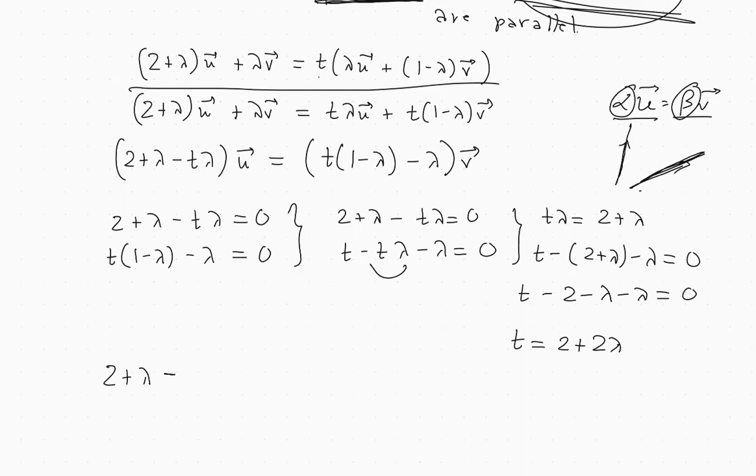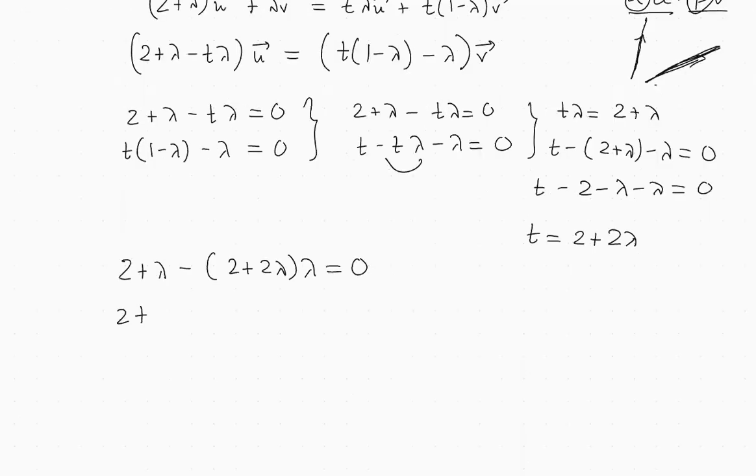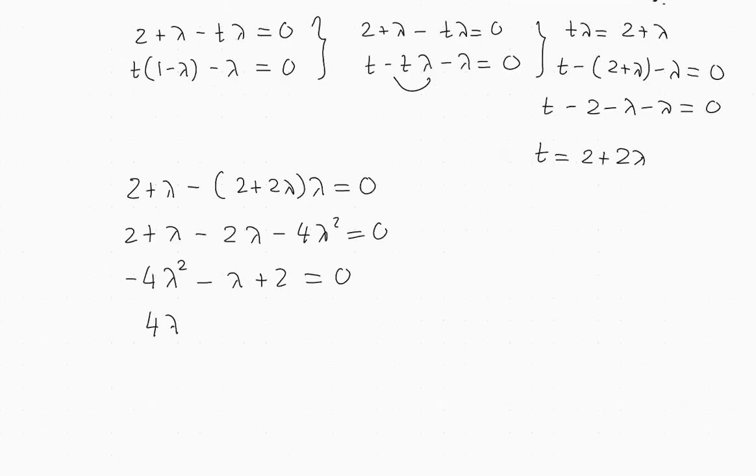And this will give us 2 + lambda - 2 lambda - 2 lambda squared = 0. So this is minus 2 lambda squared minus lambda plus 2 equals 0, or rather 2 lambda squared + lambda - 2 = 0.